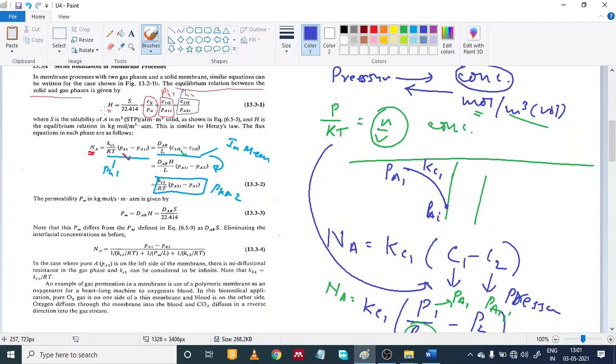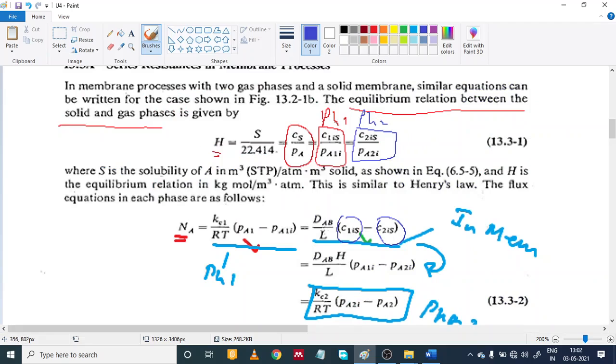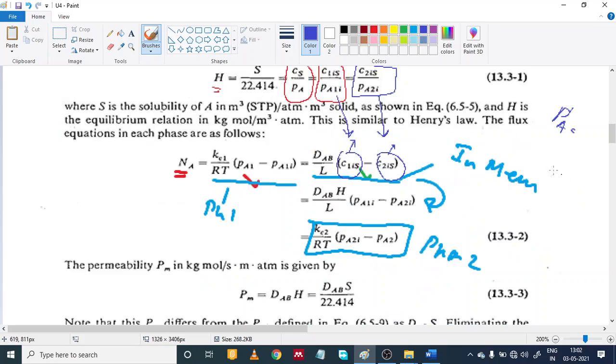So this equation is given here. We have to transfer these two values with the help of this relationship.